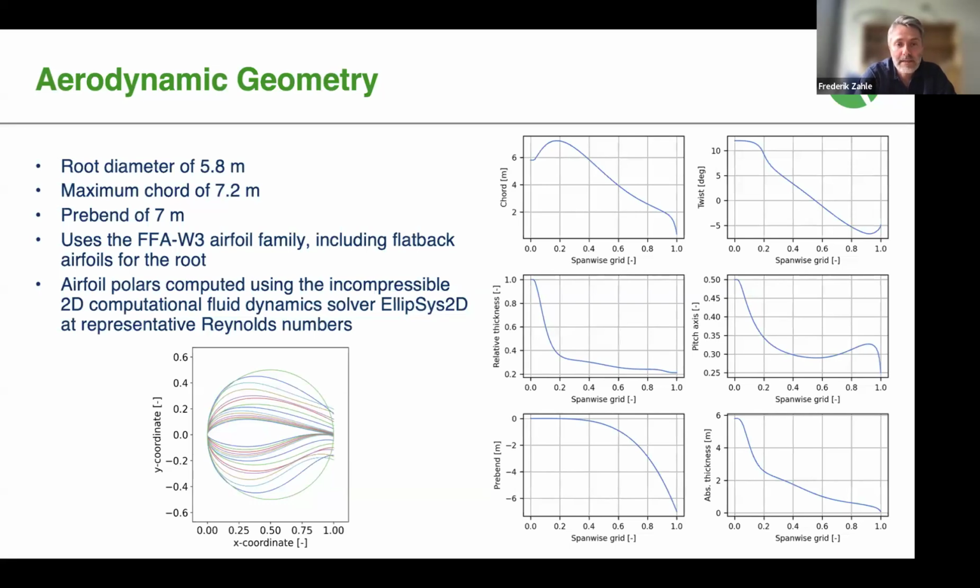The polars that we use for the elastic computations were done using DTU's in-house incompressible CFD solver at representative Reynolds numbers, where we conduct both clean and tripped computations that are available in the data set.